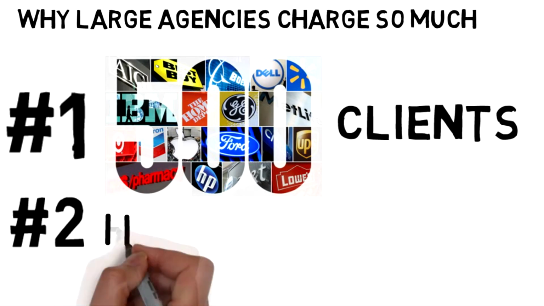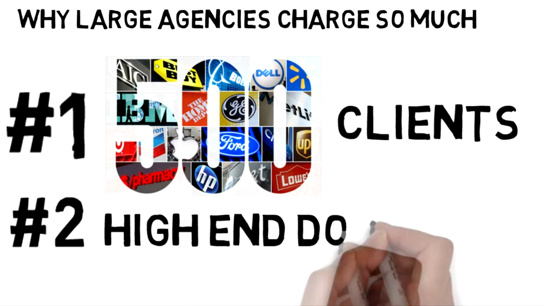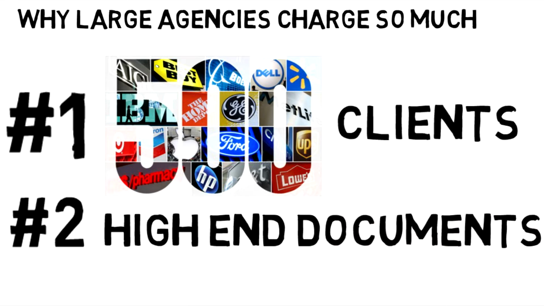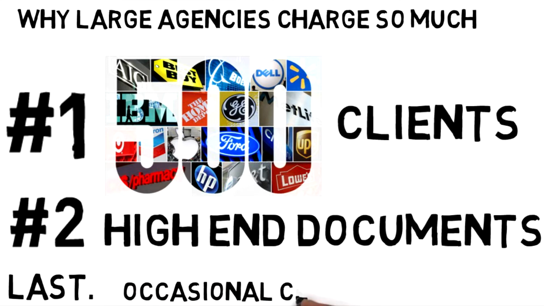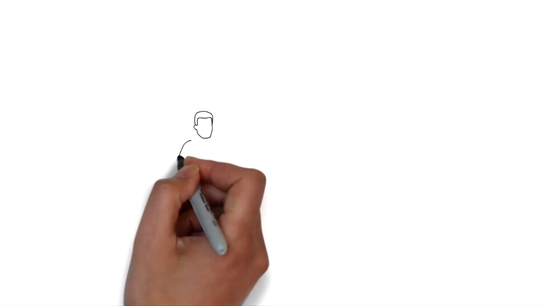What's more, they're also translating things like legal documents, for which they could charge more. So basically what happens is that you're stuck competing on price with high-end legal documents on one hand and leftover translation manpower from the Fortune 500s. So that's why you basically have to pay so much for these large translation agencies.